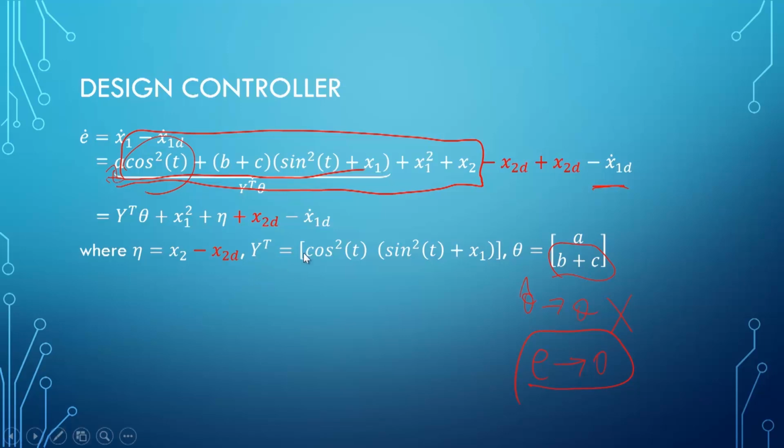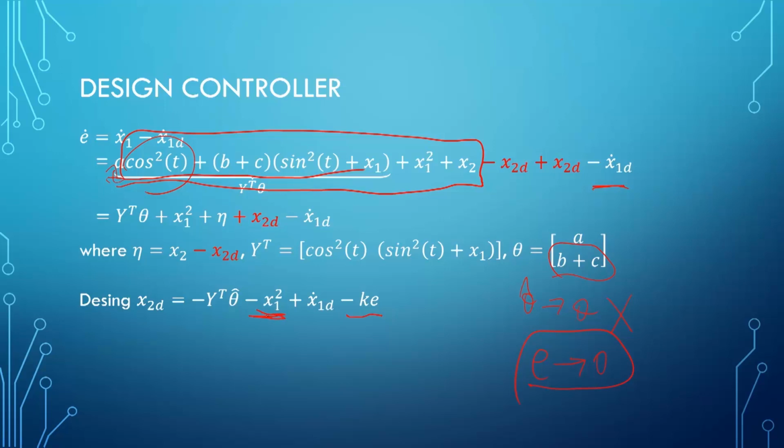And we define eta as the difference between x2 and the virtual control input x2d. Then we design the virtual control x2d, which is this. This is the feedback term.